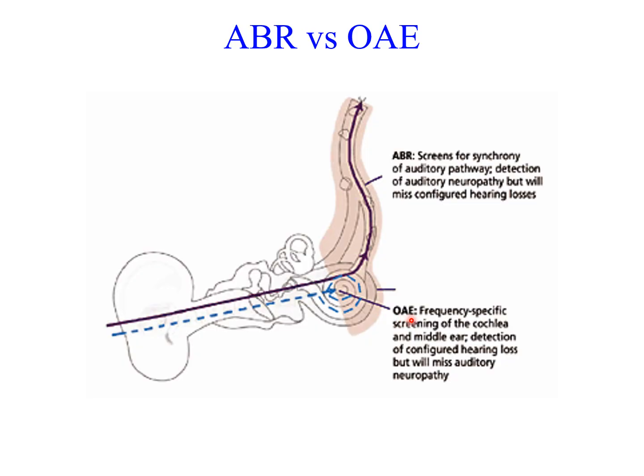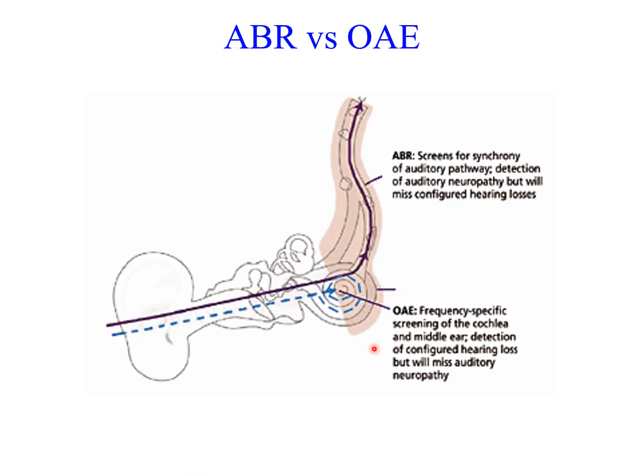It's able to identify different audiometric configurations. However, it will not be able to detect auditory neuropathy. So if you care about auditory neuropathy, you would use ABR as a screening tool. However, if you care more about frequency-specific information, or the specific audiometric configuration, then you will use OAE as a screening tool.